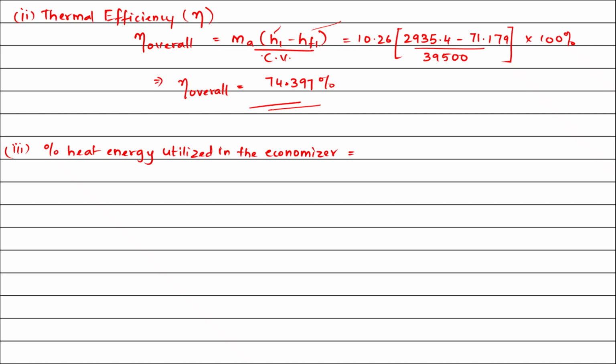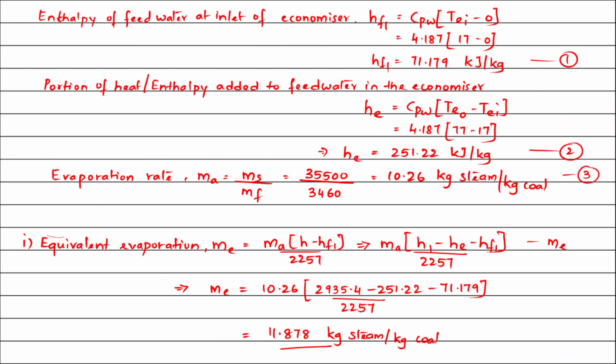I can write the percentage of heat energy as ma into he. Why? Because when I found he, I took only the enthalpy rise in the economizer. I have not considered the enthalpy at the inlet to the economizer; I have considered the enthalpy rise only in the economizer.